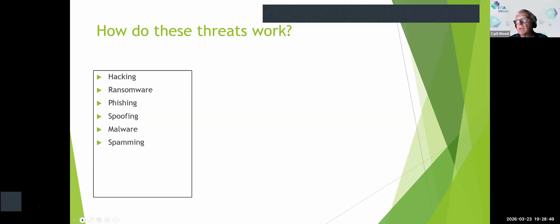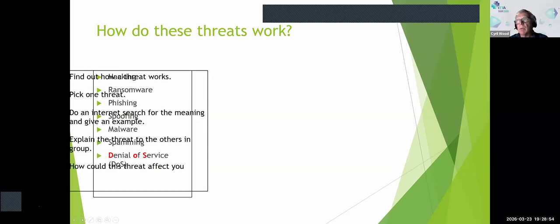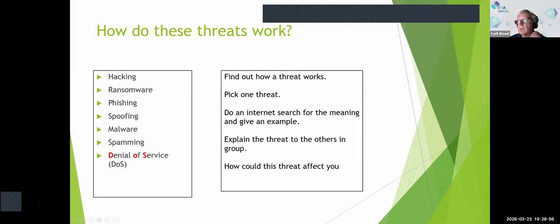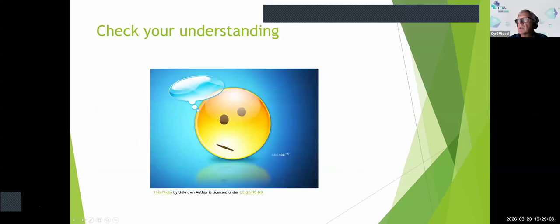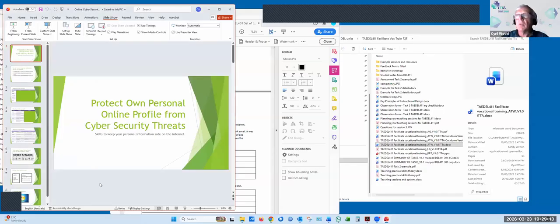I think a few like clicking, but again, it can also be time consuming because you've got to click every time and move on. So basically here I'm telling them what they're going to have to do in the unit, how to pick a threat, and so on. So I'm giving them some work to do. Check your understanding. Finished. Oh, I didn't do too many slides.